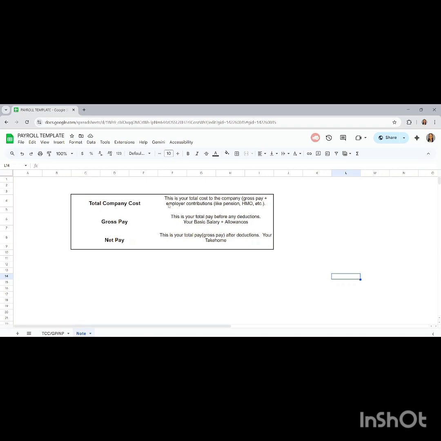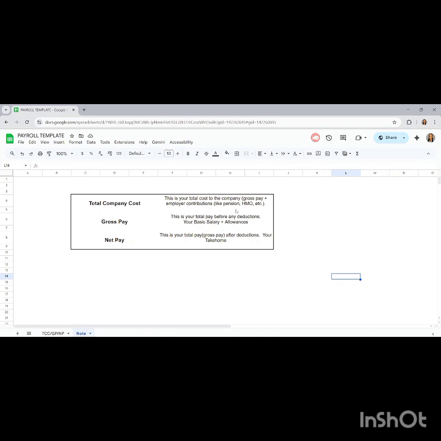What does it mean? This is your total cost to the company. That is what you are costing the company for you to be an employee. So this will include your gross pay, your employer's contributions, and maybe any other benefits in line with the company structure.